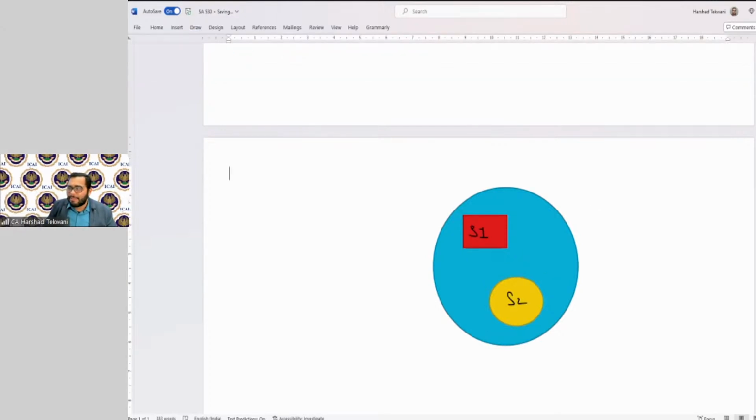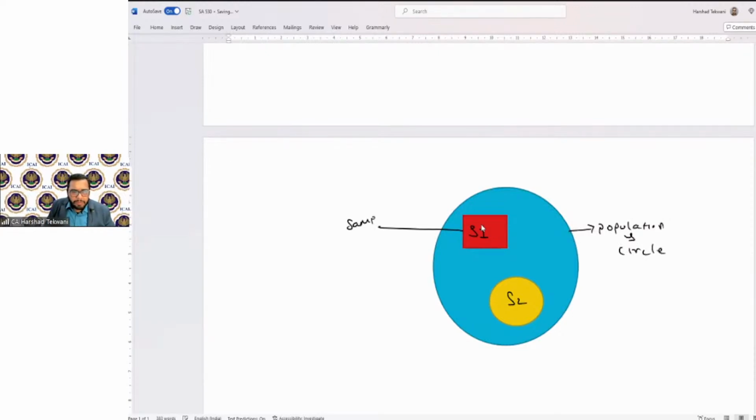Now if I select sample 1 which does not represent the population, so let's say the population is a circle, and if I select a sample representing a square property, it means this sample does not represent the population.